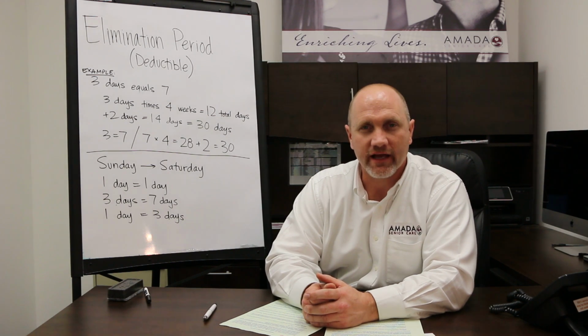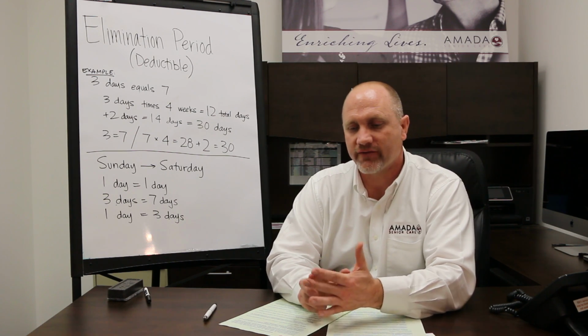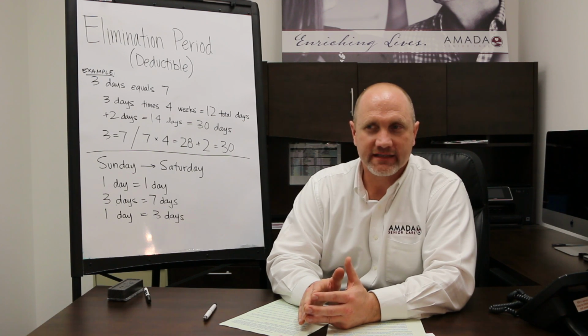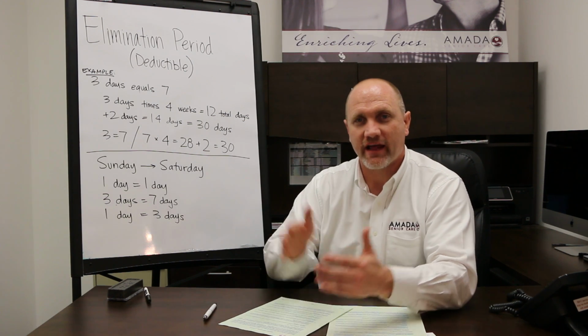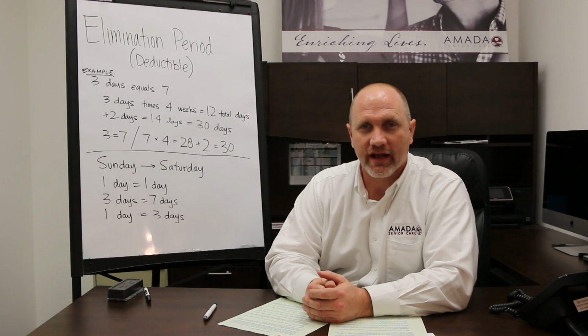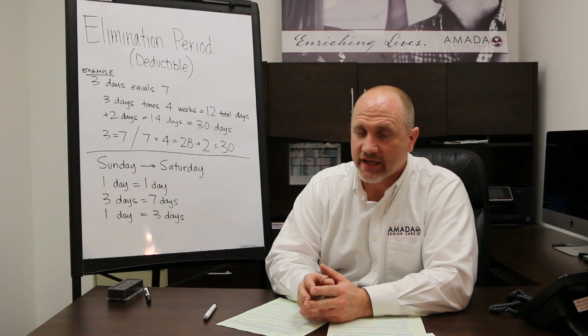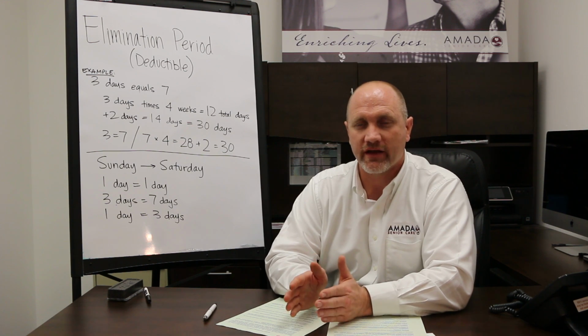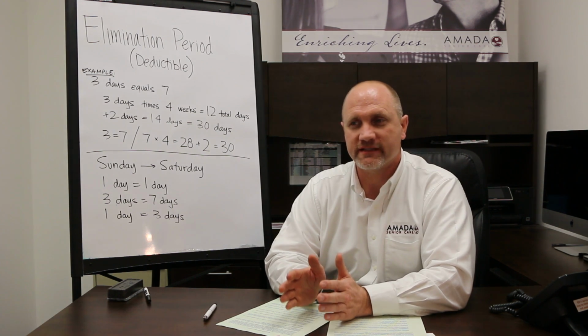If somebody started care on a Thursday and they received care Thursday, Friday, and Saturday, those 3 days, and they had a 3 days equals 7, then those 3 days for that given week would actually count as 7. If they started care on a Friday and they had a 3 days equals 7, then those 2 days would only count as 2 days. They have to have 3 days of service during the calendar week to get the full credit of 7 days.